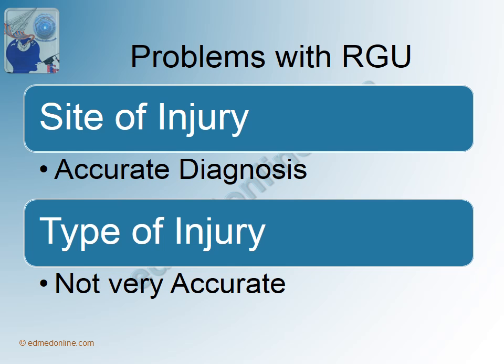This is so because initially, when there is trauma, the contrast follows the principle of following the path of least resistance, and so no contrast is entering into the proximal urethra, especially if there is some spasm of the sphincter which is present. Later on, when the RGU is done after say 2 to 3 days, a so-called complete injury might be then seen as an incomplete injury, and this is why none of these classifications are very popular.